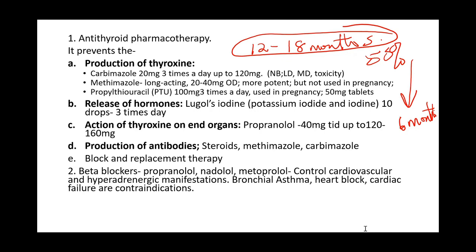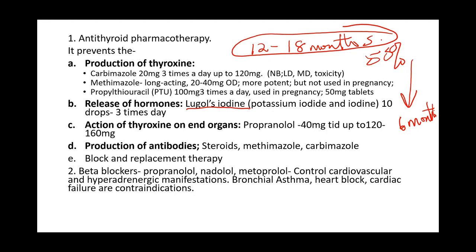Other antithyroid medications that can be given include Lugol's iodine. Lugol's iodine contains potassium iodide and elemental iodine. It's given 10 drops 3 times daily, and it prevents the uptake of iodine by the gland. High doses of propranolol can also be used as an antithyroid drug, where it also prevents the uptake of iodine.